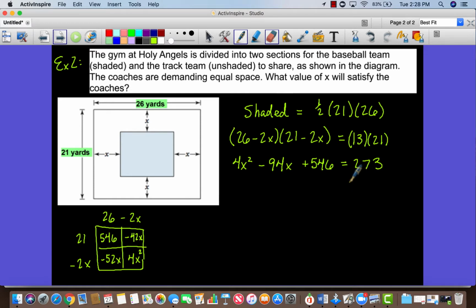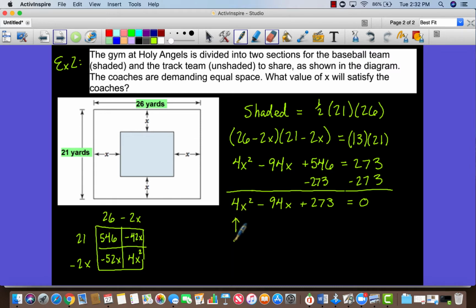And then now I'm going to subtract 273 from both sides because I have a quadratic that I want to solve, and I know that that always involves setting everything equal to 0, which results in 4x squared minus 94x plus 273 equals 0. From here I'm going to use the quadratic formula just for variety's sake, so I'll say 4 is A, negative 94 is B, and 273 is C.